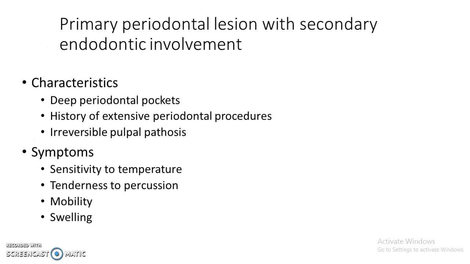Primary periodontal lesion with secondary endodontic involvement. Characteristics: deep periodontal pockets, history of extensive periodontal procedures, irreversible pulpal pathosis. Symptoms: sensitivity to temperature, tenderness to percussion, mobility, and swelling.